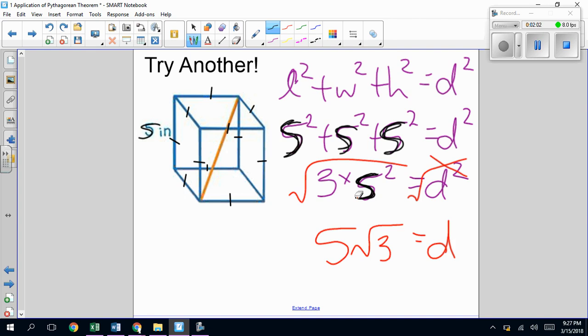And the square root of side squared is the side length times the square root of 3. So what does this mean? This means that for any cube, you just take the side length and multiply it times the square root of 3.